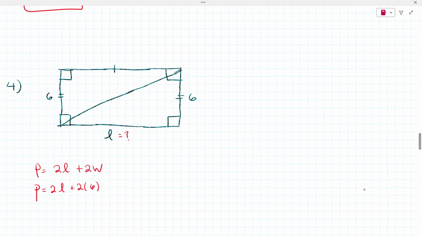So let's find our length before we go any further. As you can see, if you split it in half like this, you form a right triangle. If you have a right triangle, what can you use? Pythagorean theorem. Right, so this length is 6.